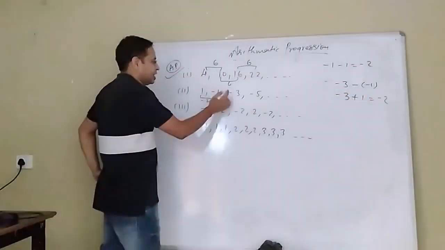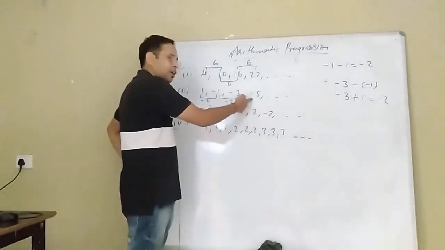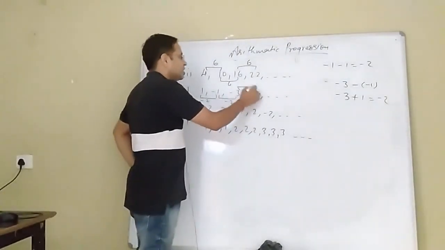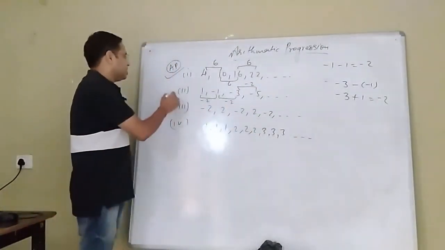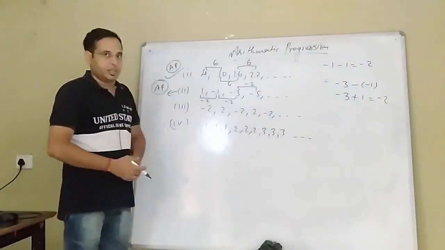So in this case also you are getting -2. Similarly, -5 minus -3, again you will get -2. Therefore, we can say that this sequence is also in arithmetic progression.